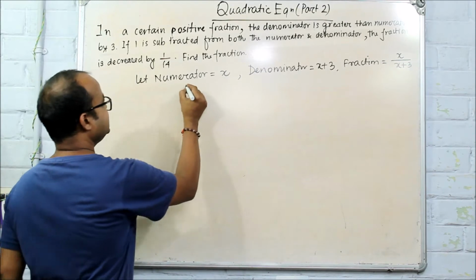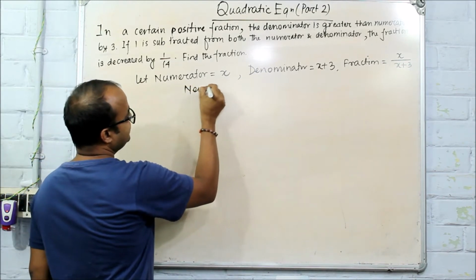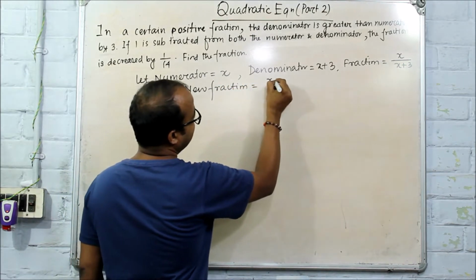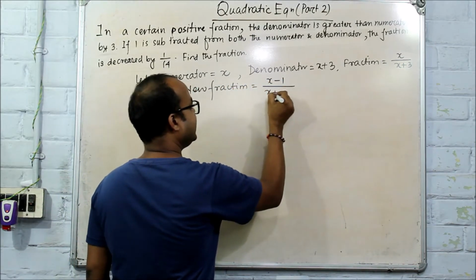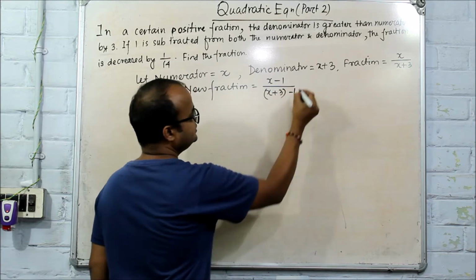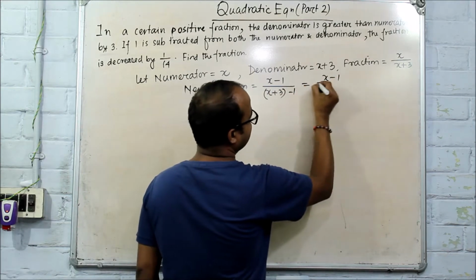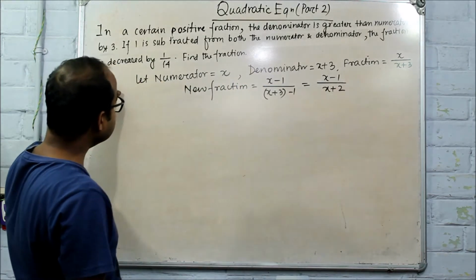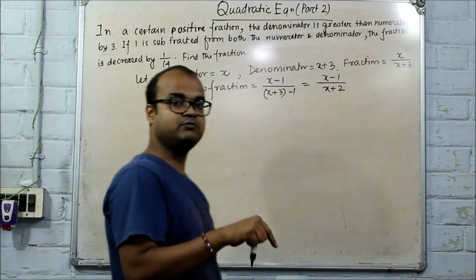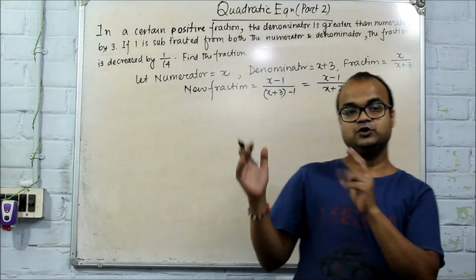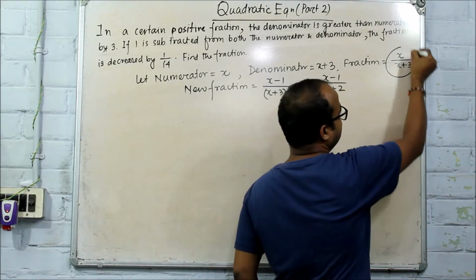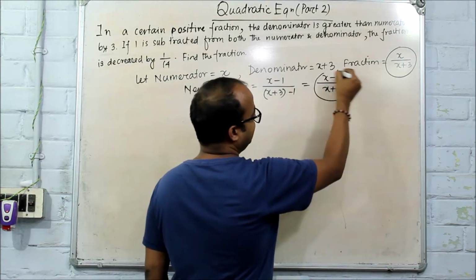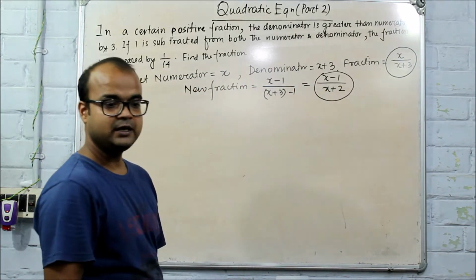So the new fraction is equal to x minus 1 by x plus 3 minus 1, so you will get x minus 1 by x plus 2. The fraction is decreased by 1 by 14. That means we have one fraction x by x plus 3 and another x minus 1 by x plus 2.